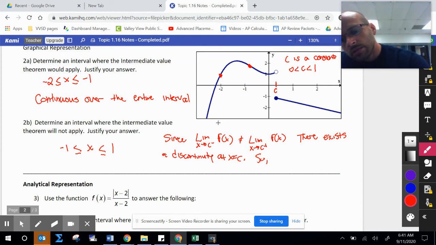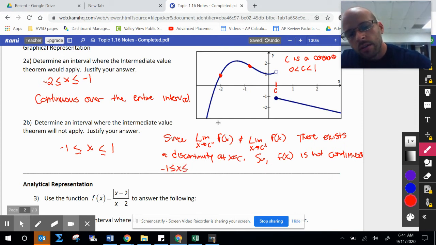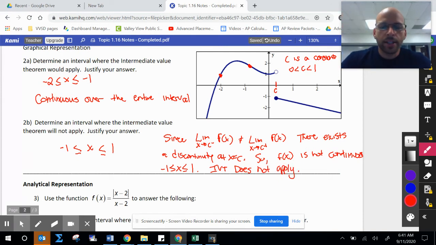So f of x is not continuous from -1 to 1. IVT does not apply.